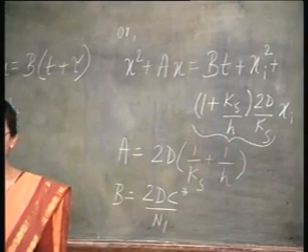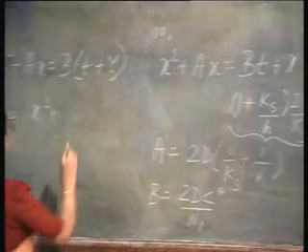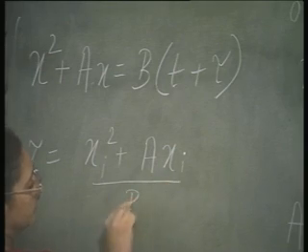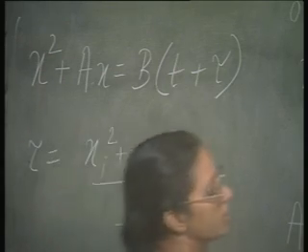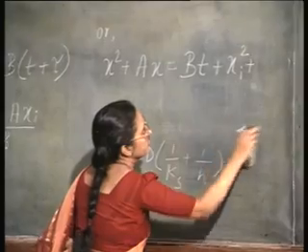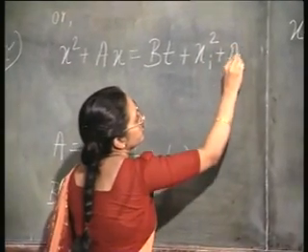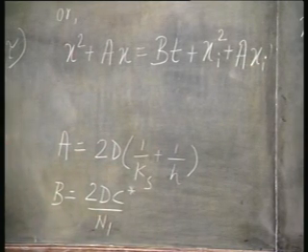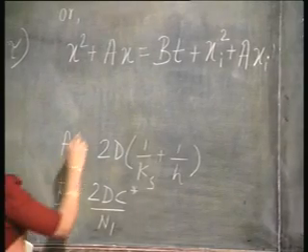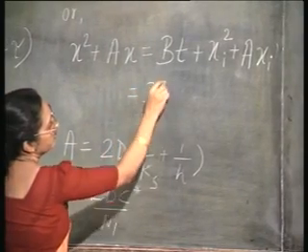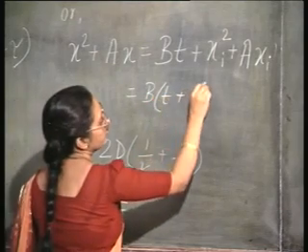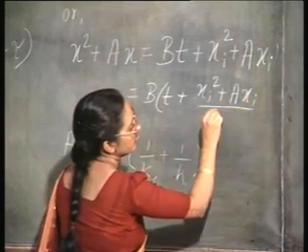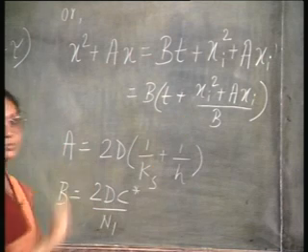This is nothing but A. So, I can simply write it as, and therefore, I can further modify it, and this is what I am going to call tau.